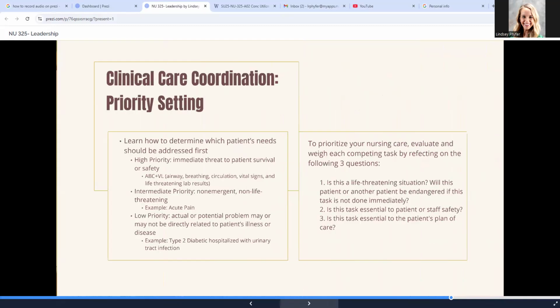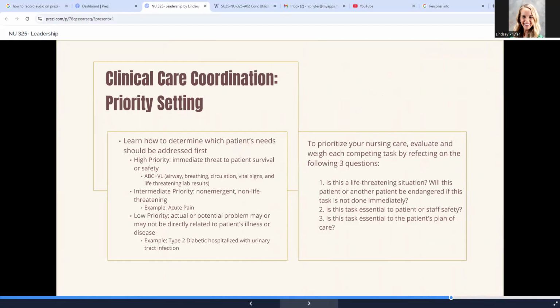Another important aspect within clinical care coordination is priority setting. We need to learn how to determine which patient needs should be addressed first. So we have our high priority needs, and these are going to be an immediate threat to patient survival or safety. With this, you need to think of what we call your ABCVL, which stands for airway, breathing, circulation, vital signs, and life-threatening lab results.